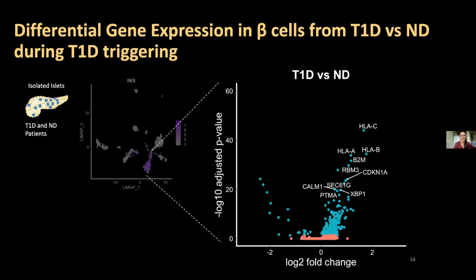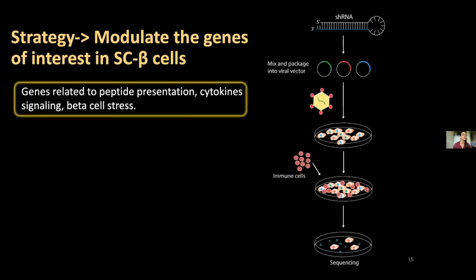Not surprisingly, I saw that a lot of genes that are upregulated in the type 1 beta cells are related to immune recognition and beta cell stress. So again, in line with what we observed in the first part of my talk. What I'm doing now is working on modulating these genes of interest in the beta cells or the induced pluripotent stem cell-derived beta cells.